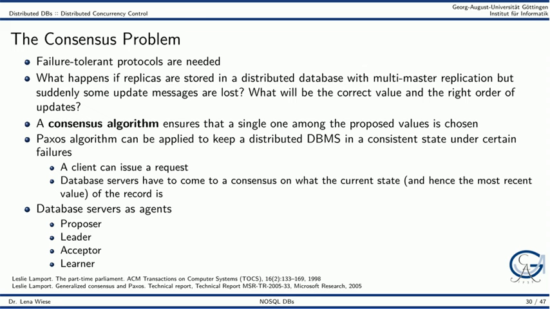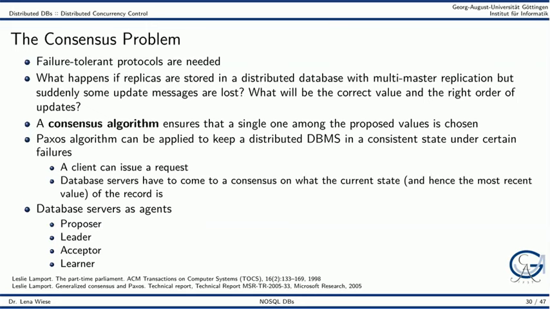The consensus problem addresses the case of a distributed database system with multi-master replication. All servers can send update messages for a data record. If some of these update messages are lost, the system has to agree on the correct final value and the right order of updates. In this case, a consensus algorithm ensures that a single one among the proposed values is chosen.